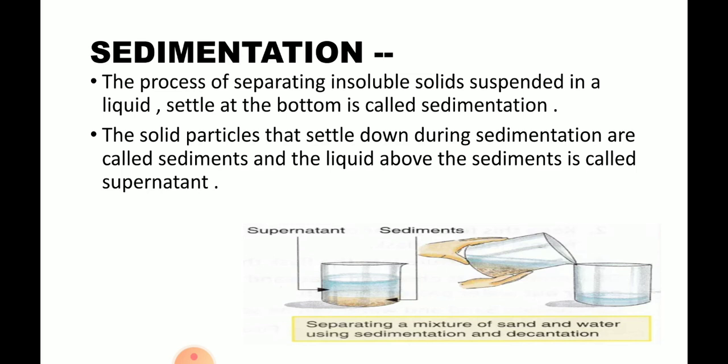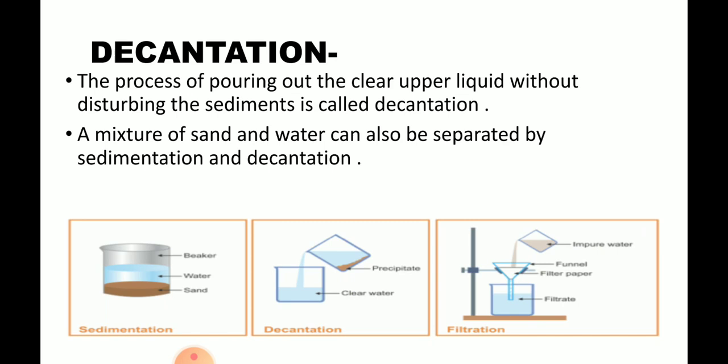The beaker is tilted in such a manner that the water is collected in a different container or beaker. The process of pouring out the clear upper liquid without disturbing the sediments is called decantation. So a mixture of sand and water can be separated by sedimentation and decantation.